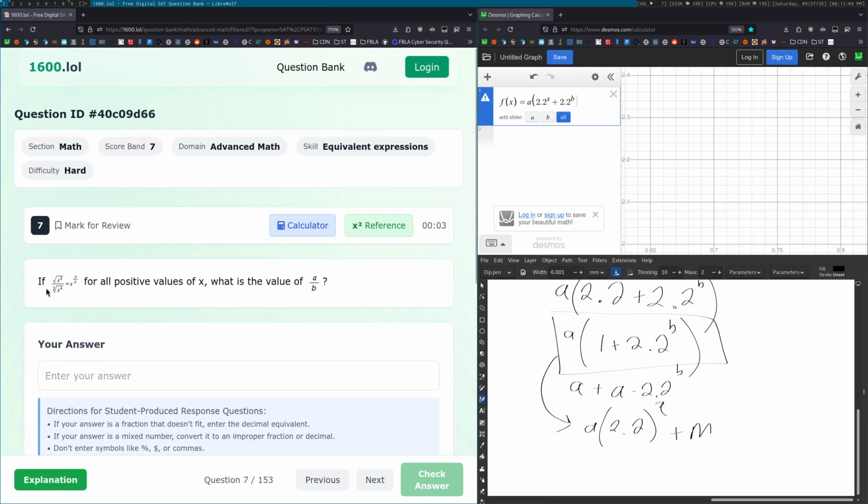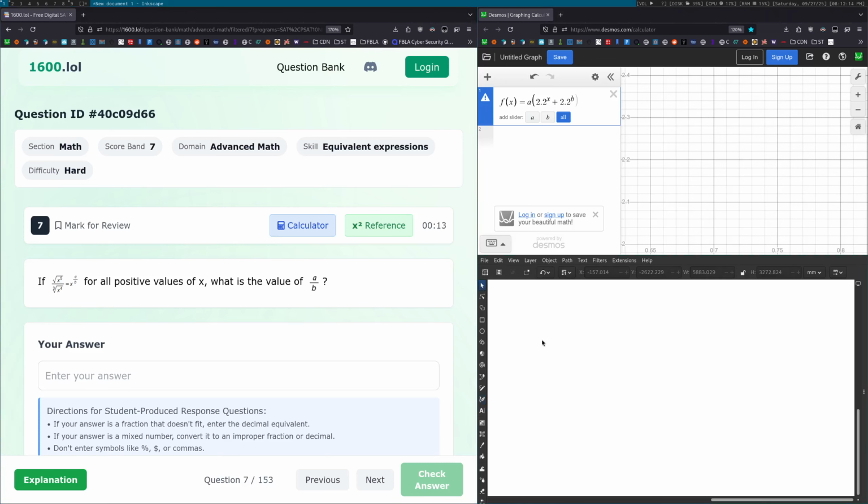Okay, here we go. If the square root of a divided by the cube root of b is equal to x, what is the value of a over b? These are just exponent properties. So we have x to the 5th raised to the 1/2 power, all divided by the cube root of x to the 4.